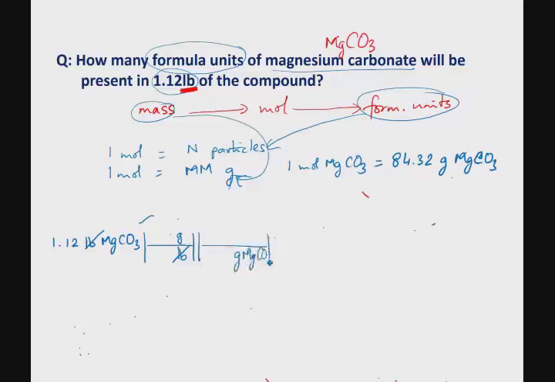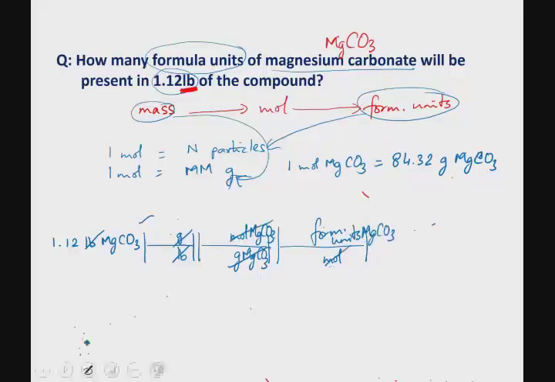So grams of magnesium carbonate will have to be converted to moles of magnesium carbonate, and then moles of magnesium carbonate will have to be converted to formula units of magnesium carbonate using the Avogadro's equation. Moles crosses out. So now when you fill in the numbers, you have 1 pound equal to 453.6 grams.